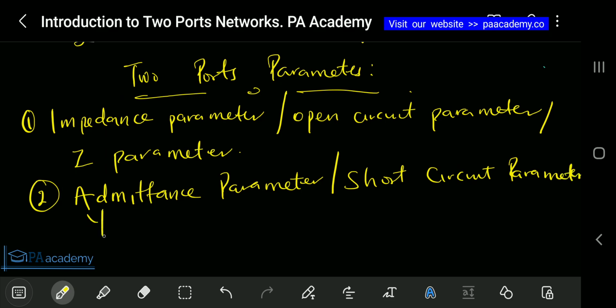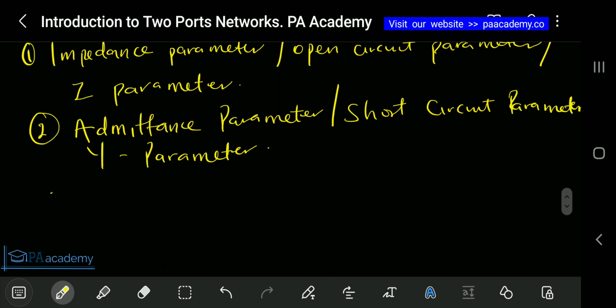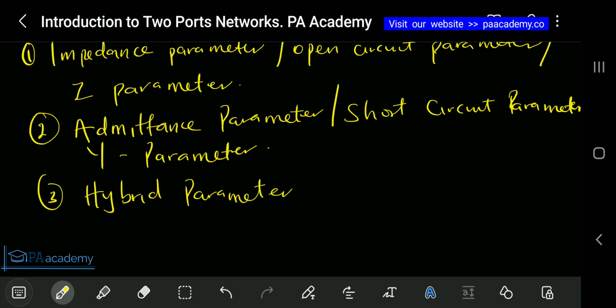And then we also call it the Y parameter. Okay, so that's number two. Number three, we have the hybrid parameter, which is also called the H parameter.